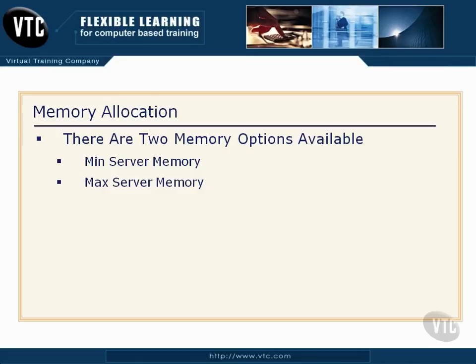Understanding how SQL Server manages memory by default will help you understand how to use these two settings. So join me in managing SQL Server memory, where I'm going to go a little deeper into min and max server memory to help you understand how to manage more than one instance's memory on a SQL Server box.